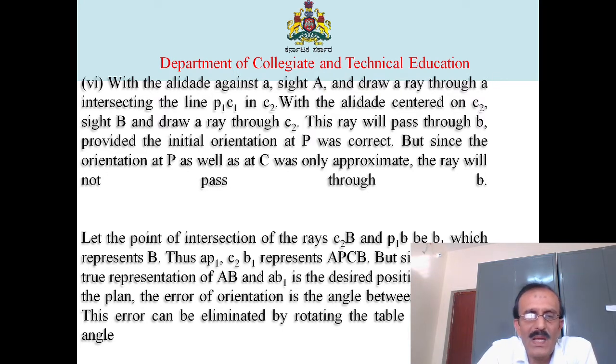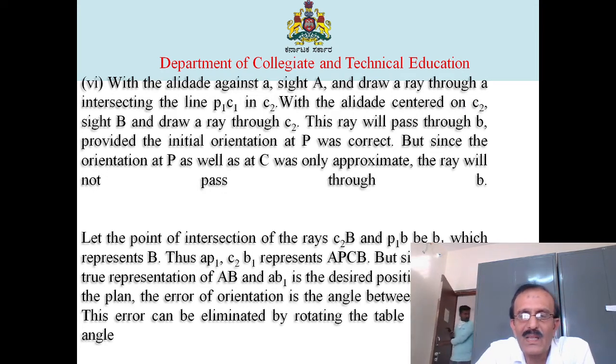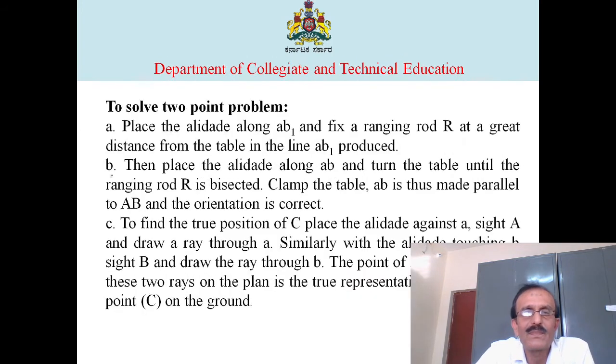But since ab is the true representation of AB and ab1 is the obtained position of AB on the plan, the error of orientation is the angle between ab and ab1. This error can be eliminated by rotating the table through this angle.